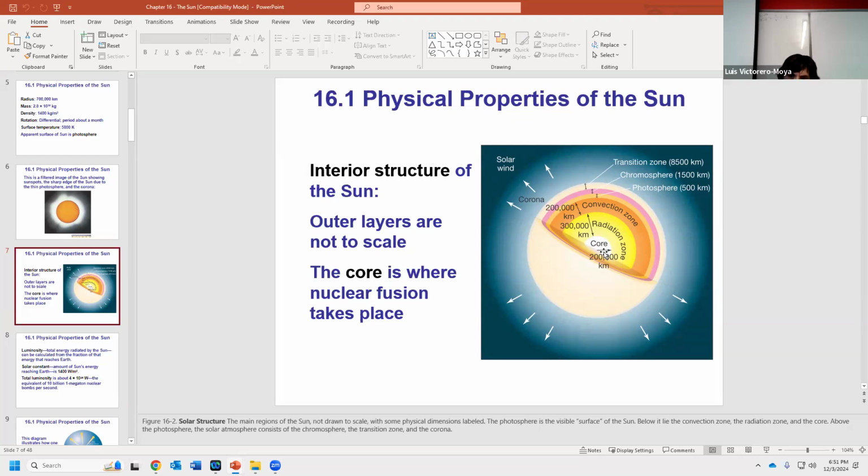Convection zone, we call it convection because we have convection currents. If you remember from the greenhouse effect, guys, or the water cycle here on Earth, in the convection, cooler material goes down, hotter goes up, right?